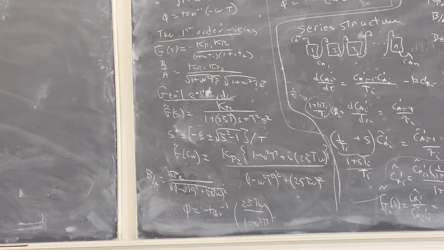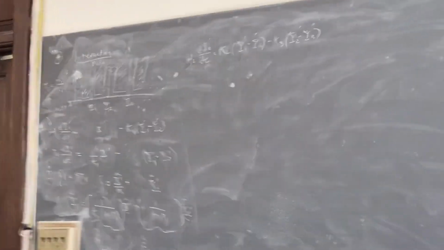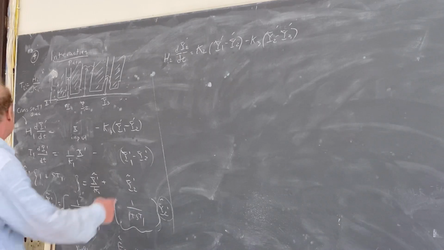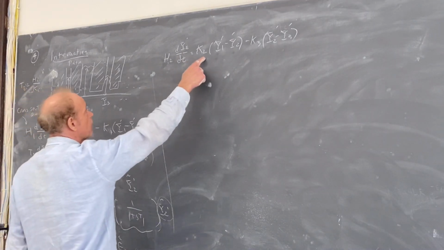So what's the first step before we do that? First, we have to get the g's before we can look at these effects. So again, the first step is I can divide by k2.